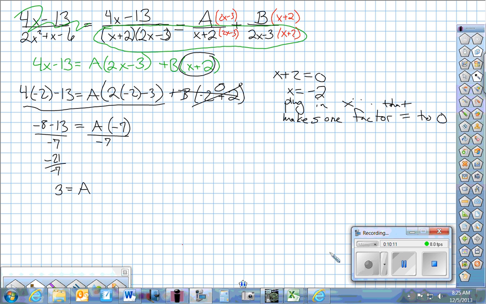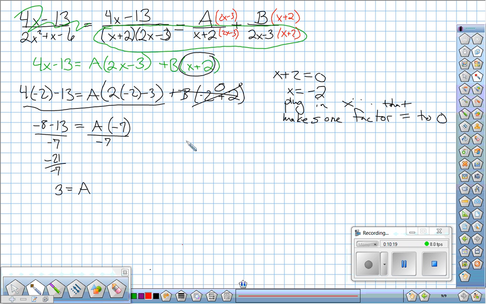Okay, now when I picked x equals negative 2, I have to go through the same steps for my other factor. My other factor, I'll pick a different color, is 2x minus 3 equals 0. That's going to give me x equals positive 3 halves when I solve. So I'd add 3 and divide by 2. And then I'm going to plug this in everywhere for an x, basically going through these same steps over here.